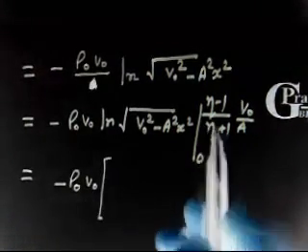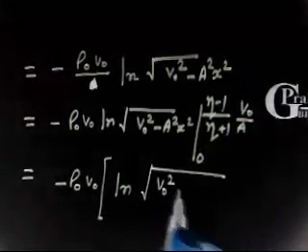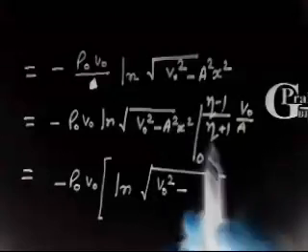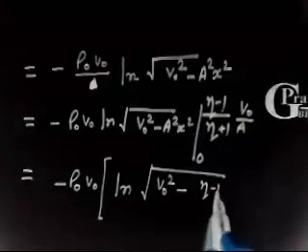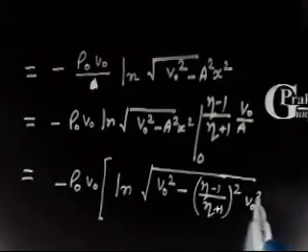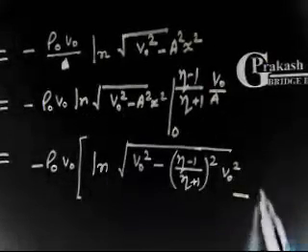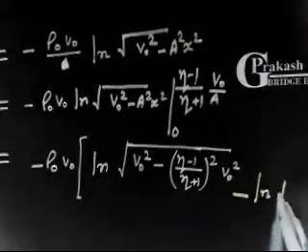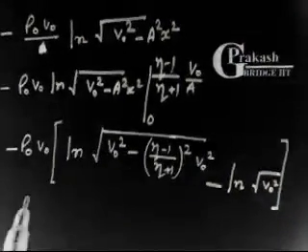When you have this upper limit, you will have ln v naught square minus a square x square, so a square cancels out, so you will have eta minus 1 divided by eta plus 1 whole square v naught square, minus when you have 0, so this is simply ln under root v naught square. So at the lower limit you will have this value.